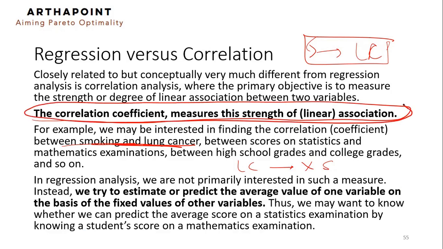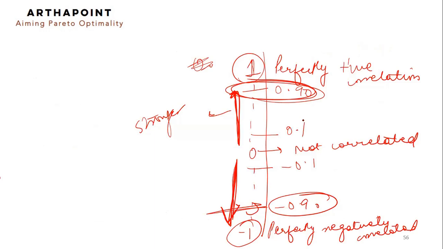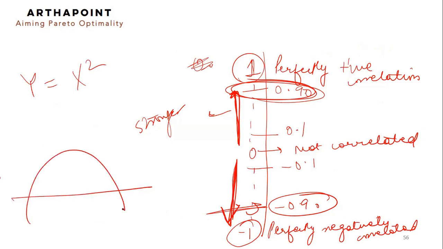It just tells you whether two things are strongly positively related, strongly negatively related, related or not related. But you have to remember this. I will come back to this point in one of the chapters. Only linear relationship. Supposedly, something has a quadratic relationship. Suppose I tell you y is equal to x square. Something like this. Then this equation, if you find its correlation, it will give you a correlation of 0. Doesn't mean there is no correlation.